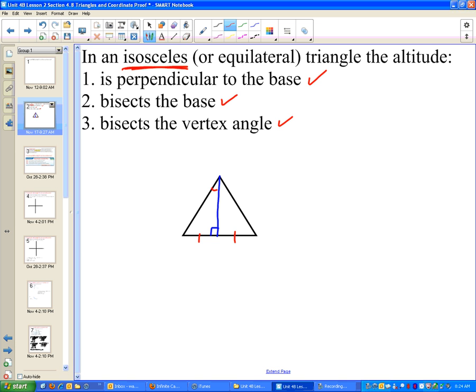So we know that that angle is congruent to that angle. Okay? So whenever you draw an altitude in from the vertex of an isosceles triangle, you get a lot of information, don't you? You get perpendicular, you get a side that's bisected, and you get an angle that's bisected. We're going to use that. Any questions?